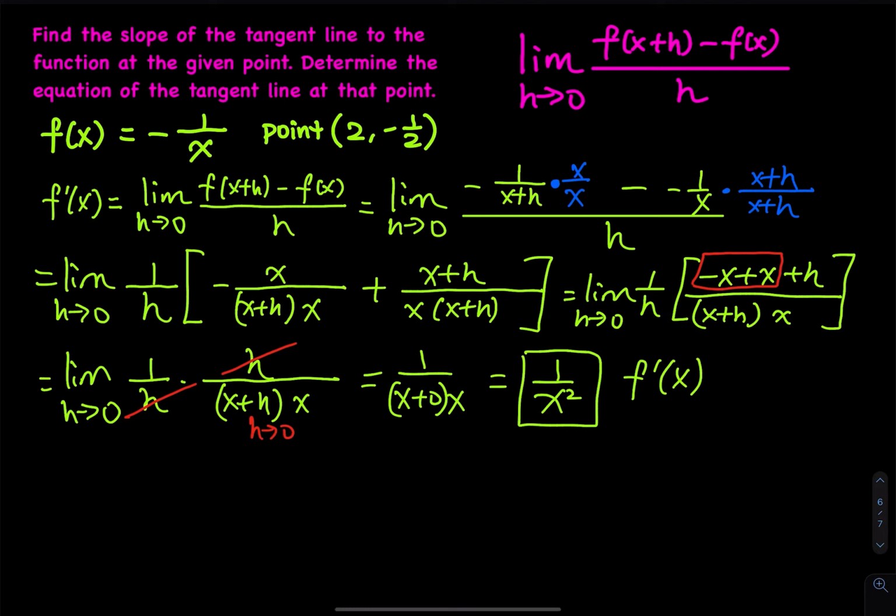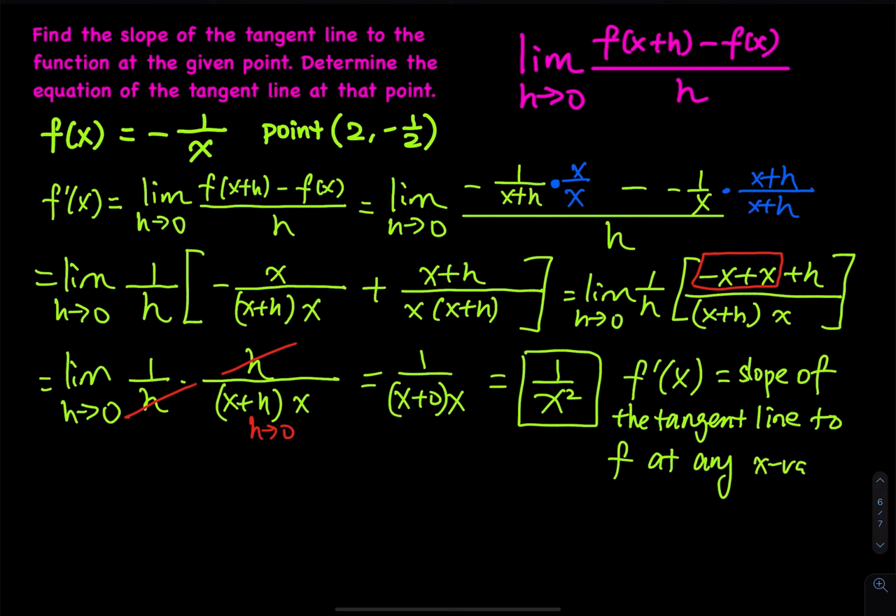F prime of x represents the slope of the tangent line to function f at any x value. Negative 1 over x is a reciprocal function, you have two curves.